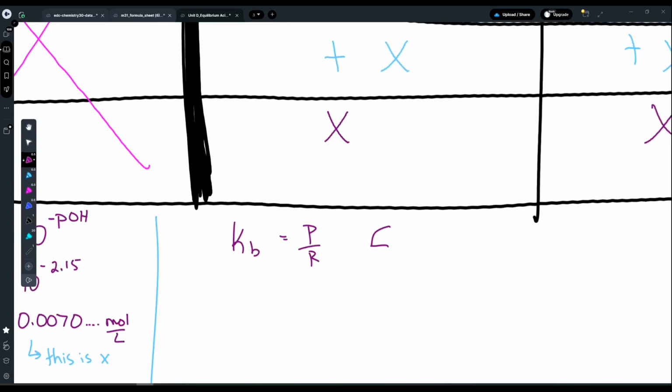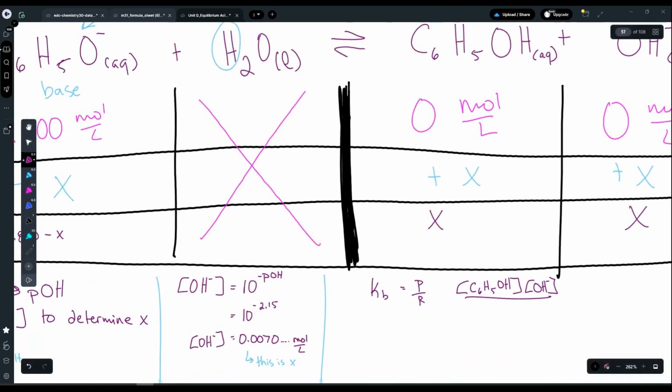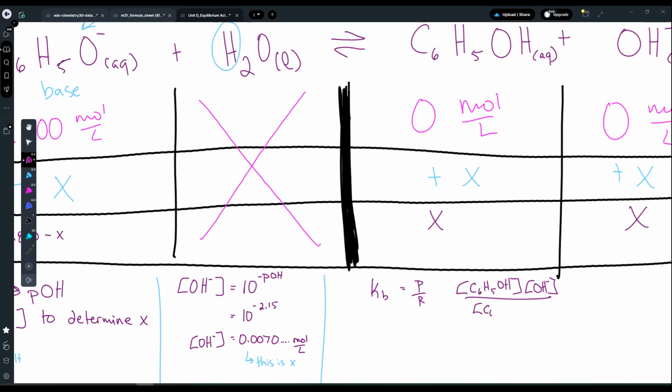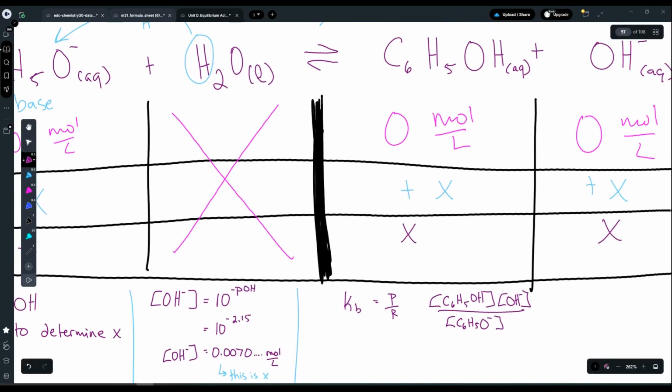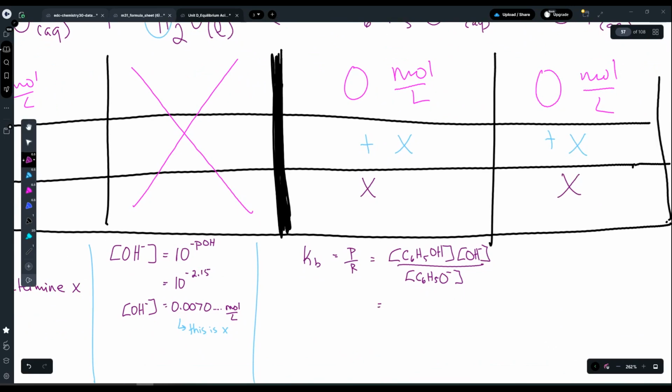So I'm going to go the concentration of C6H5OH multiplied by the concentration of hydroxide, divided by the phenolate ion, C6H5O 1 minus, and we're not including water because it's the only liquid there. So now I'm just going to plug in the values that we had for our products. So both of them were X.